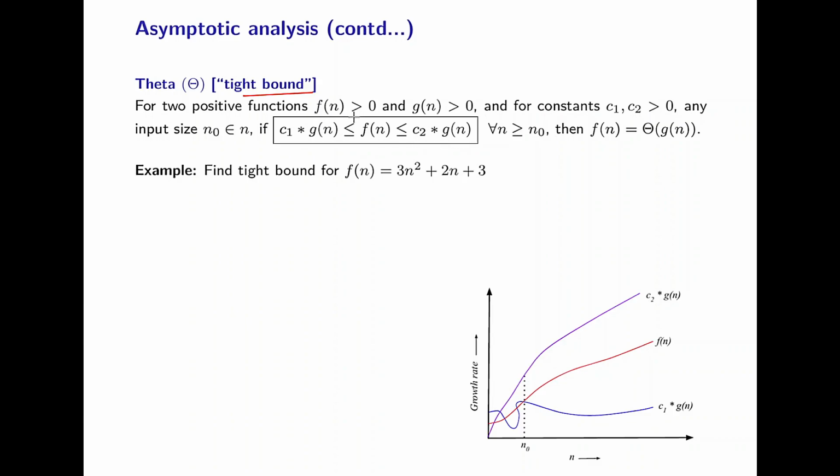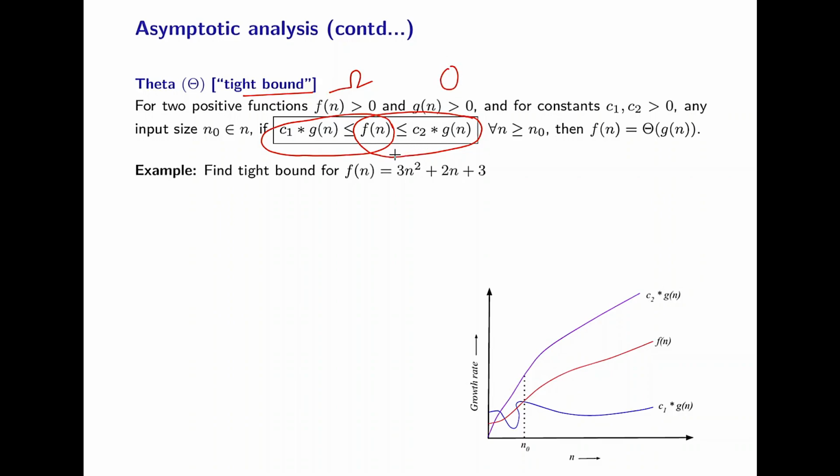If you closely observe this part, any constant C1 into g(n) less or equal than f(n), this is nothing but big omega. Now this part, f(n) less or equal than C2 into g(n), this looks like what? Big O. Yes.